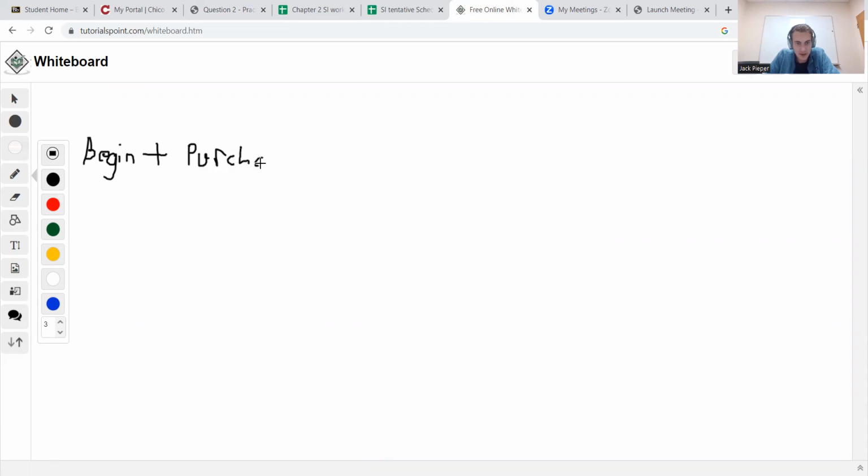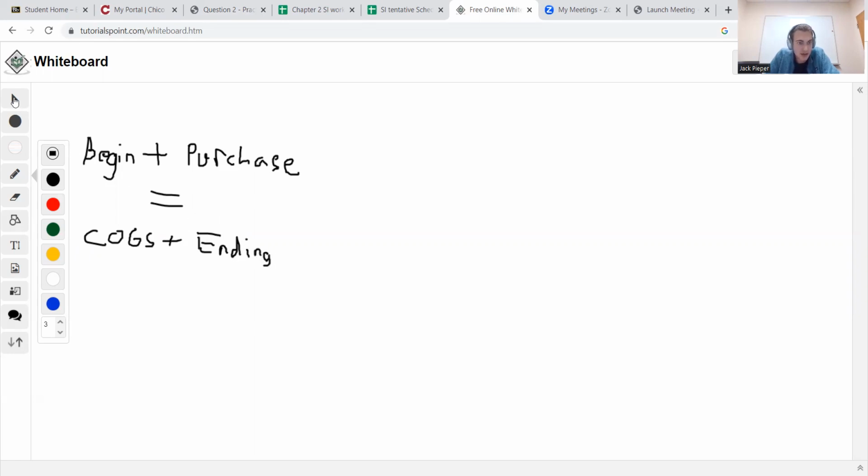I'm doing this with a mouse, so just bear with me. Purchases is equal to cost of goods sold, COGS, plus ending.